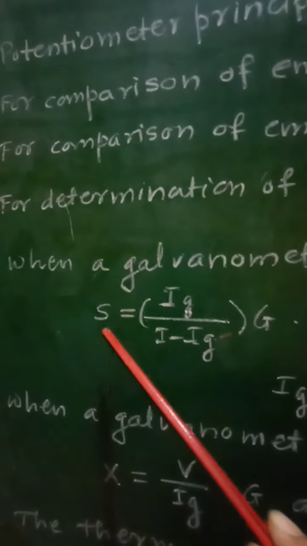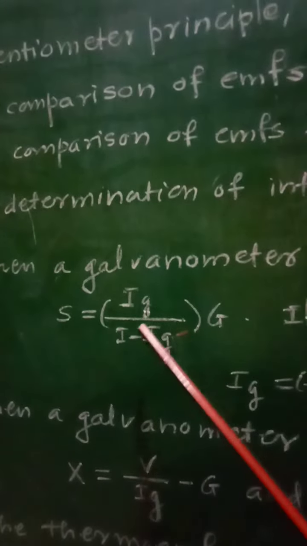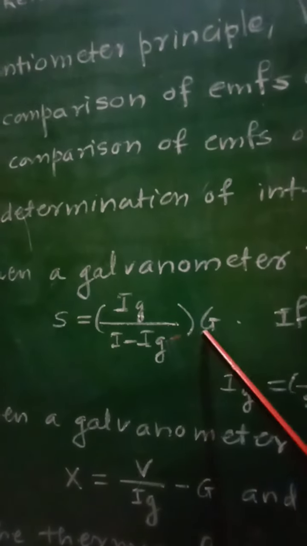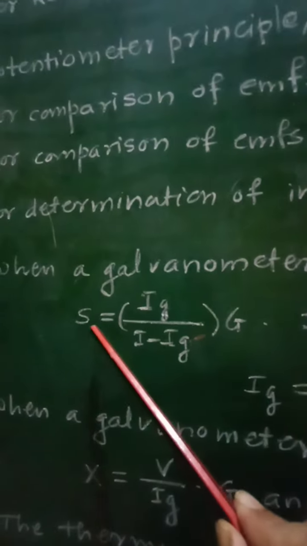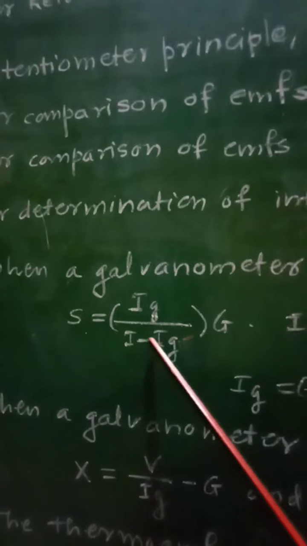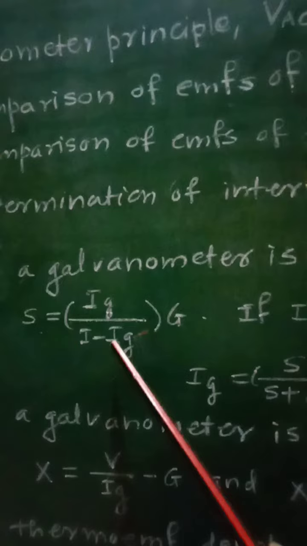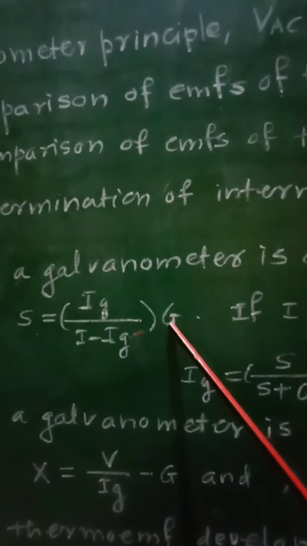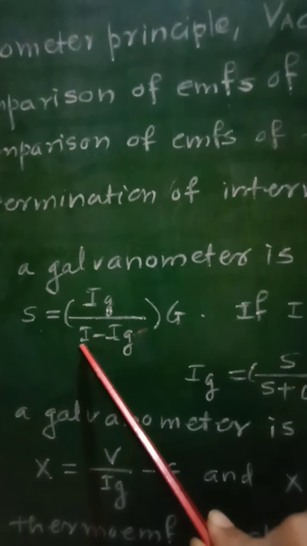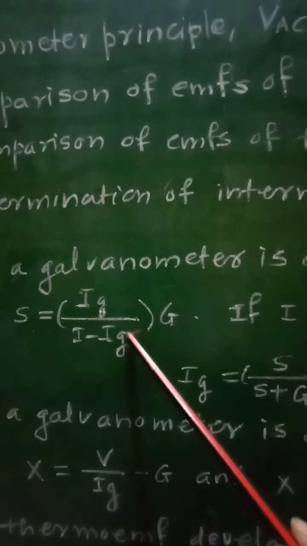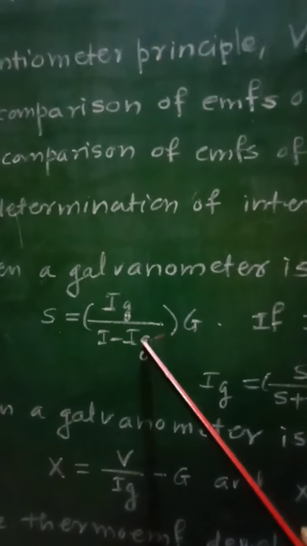That parallel resistance, that is shunt, S will be equal to Ig upon (I minus Ig) into G. That value of shunt will be calculated by using this formula. I will be the range of that ammeter, and Ig will be the current flowing through that coil of the galvanometer.